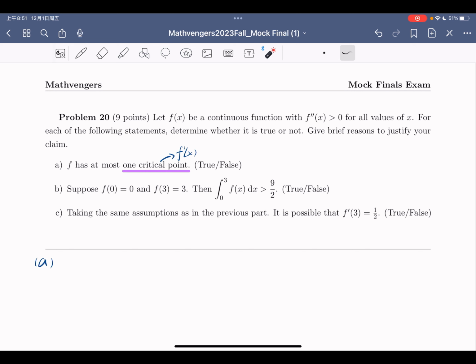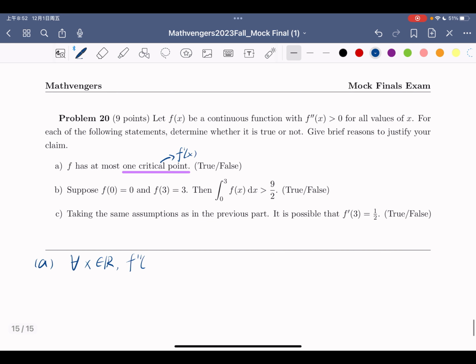So the question is about the critical point. You need to consider the first derivative. What can we deduce about the first derivative when we have the second derivative always greater than 0? Well, if for any x belonging to R we have the second derivative greater than 0, then we know.